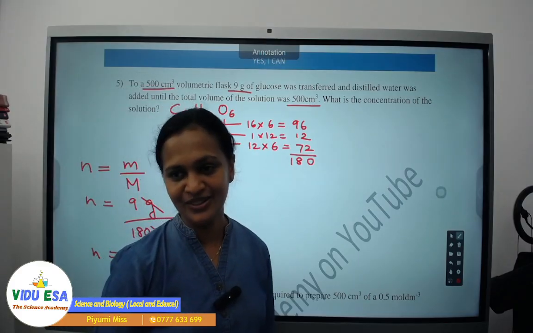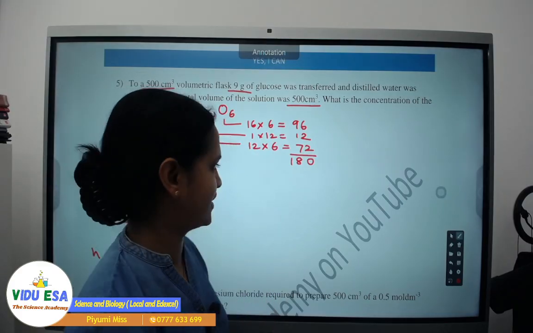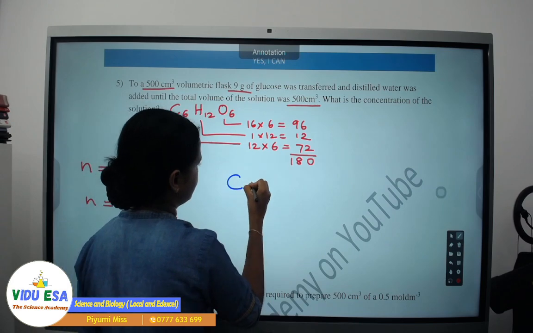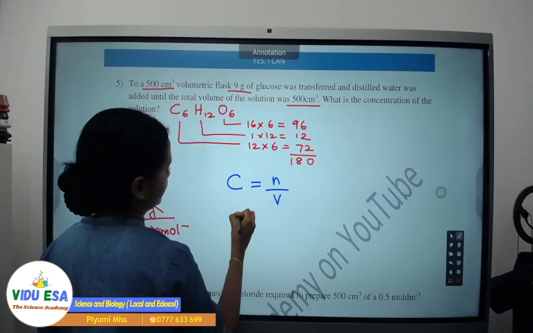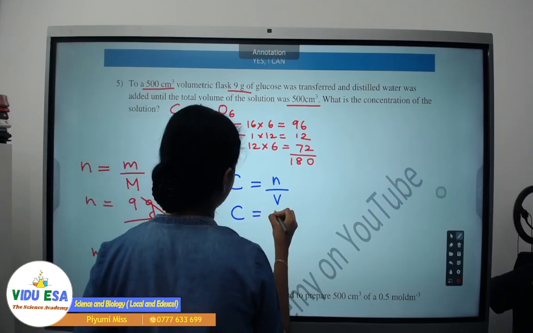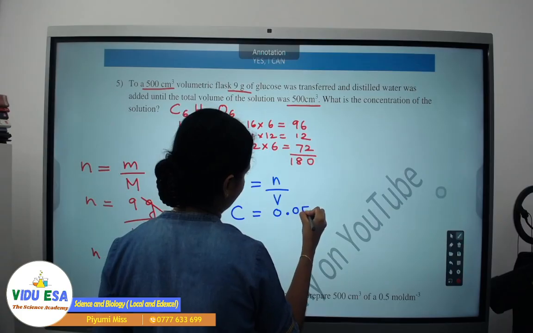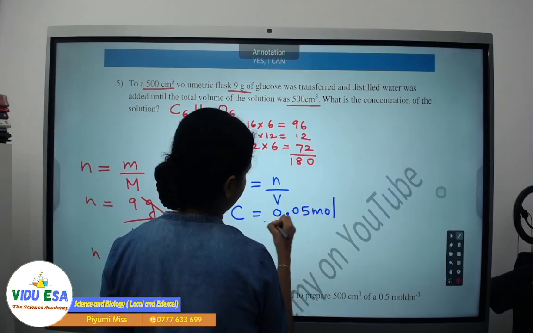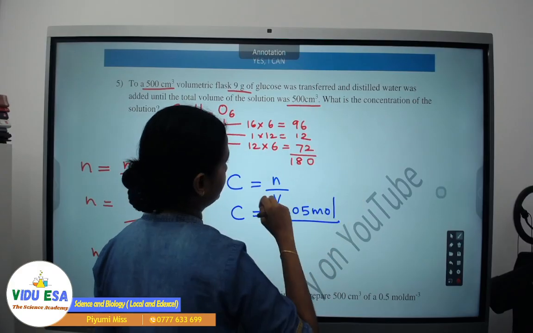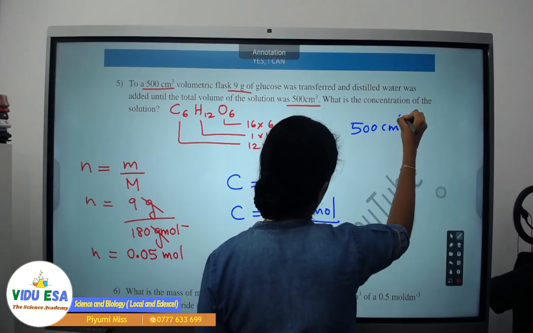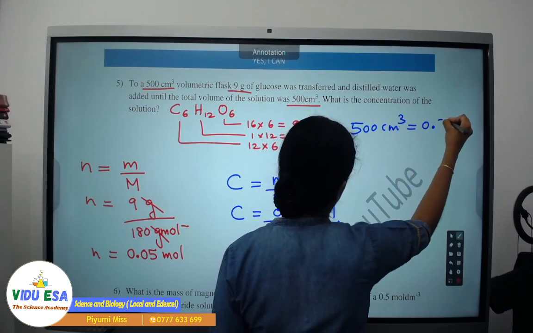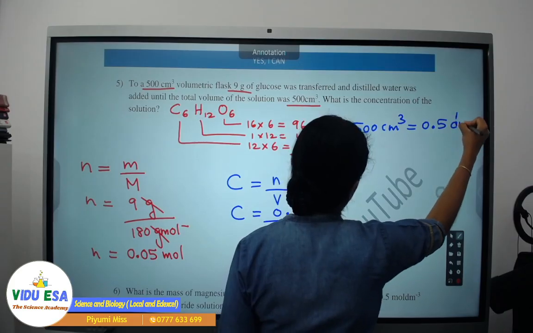Then you are asked to calculate the concentration. Concentration equals number of moles divided by the volume. The number of moles is 0.05 moles and the volume is 500 cubic centimeters, which equals 0.5 cubic decimeters.